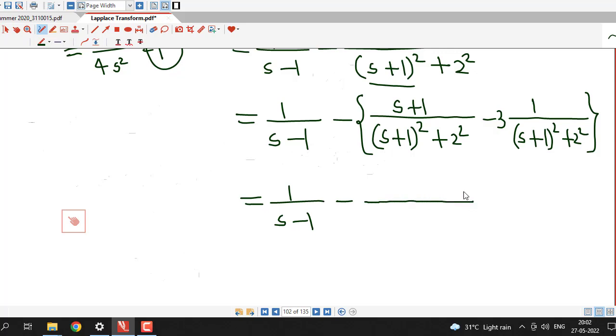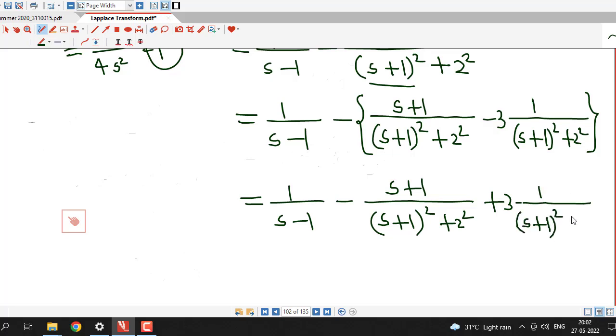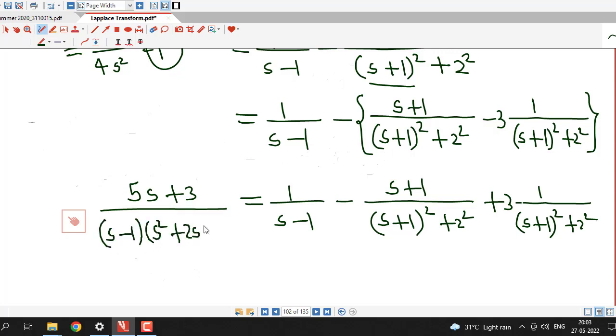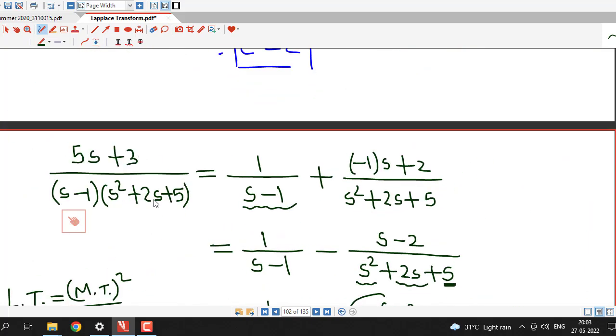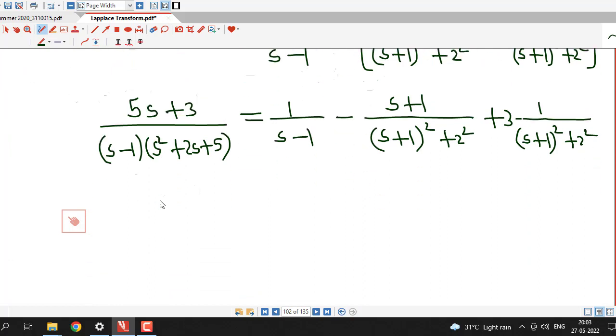If we take the negative sign inside, we have (s plus 1) over (s plus 1) square plus 2 square, negative negative positive, 3 divided by (s plus 1) square plus 2 square. And our function on the left hand side was (5s plus 3) divided by (s minus 1)(s square plus 2s plus 5). Let me check: 5s plus 3, s minus 1, s square plus 2s plus 5.